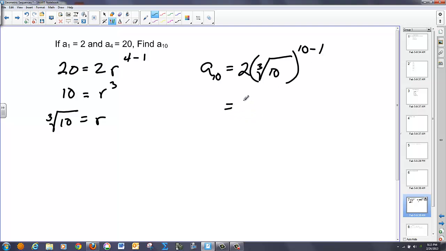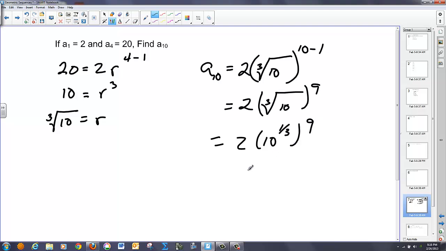So I've got 2 cube roots of 10 to the 9th. Clean that up a little bit. That's 2, 10 to the 1/3 power raised to the 9th, which goes to 2 times 10 cubed, or 2,000.